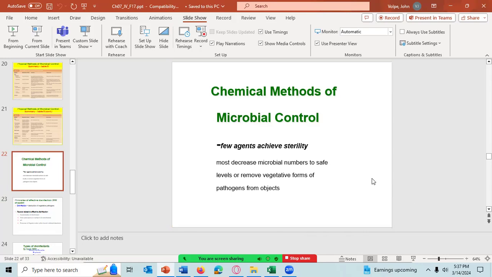Let's move on to the chemical methods of controlling microbes. There are a few chemical agents that achieve sterility. Most decrease microbial numbers to safe levels or remove vegetative forms of the pathogen from an object. Like when you use bleach on your toilet, you may not kill all endospores.